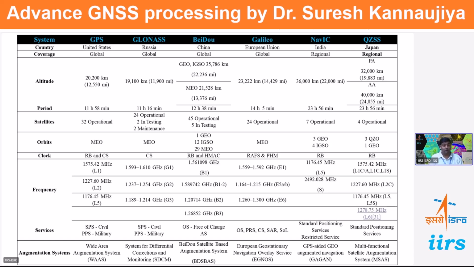GLONASS and Galileo also have MEO orbits, at an altitude of around 20,000 kilometers. I will not go through all this; you can get this material from me.